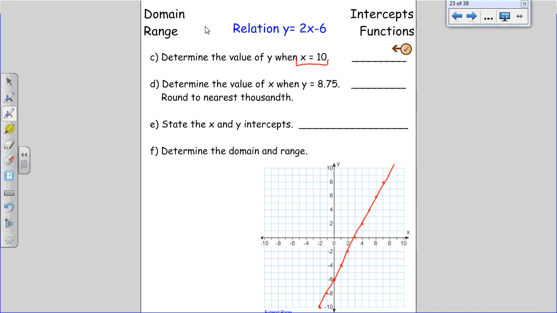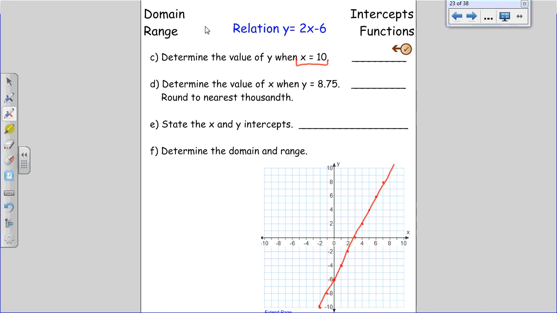So you click trace. When you click trace, on the bottom of your screen should have popped up something. It says X equals and Y equals on the bottom of your screen when you hit trace. Did that happen? Awesome. You can type in the number. So then just go 10. And on the bottom of your screen, you'll see it says X equals 10 right now on your calculator. Hit enter. And then it'll say X equals 10, Y equals. That's what Y equals when X equals 10. In this case, the answer is 14.